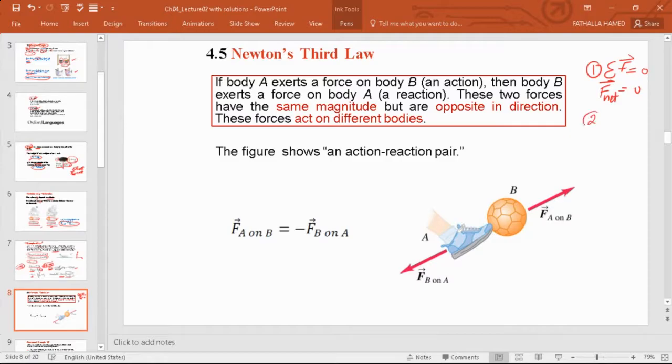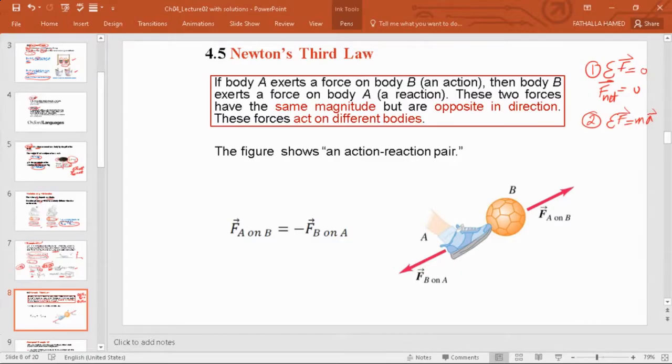The second law states that the summation of the force is equal to ma. The force depends on the mass and the acceleration. And I told you the force is a vector. And you see here the mass is a scalar and the acceleration is a vector.